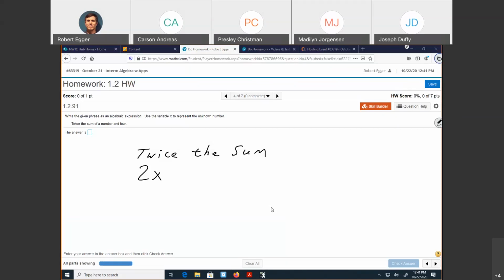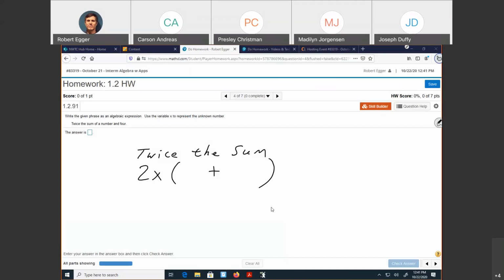Quadruple, triple, quintuple. So it's giving me 2 operations. I do an operation, then do an operation. So twice the sum, so 2 times something. Okay, 2 times a sum.